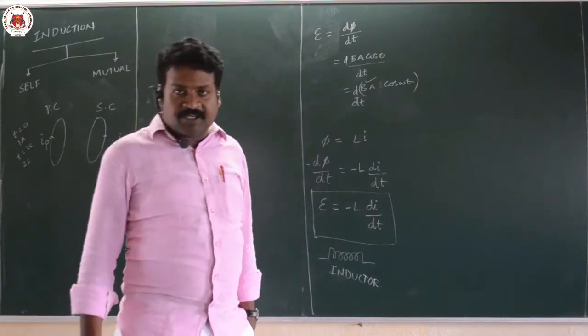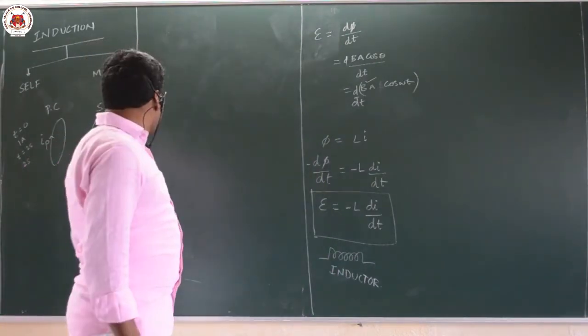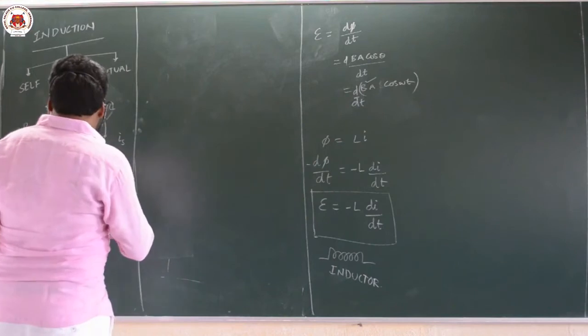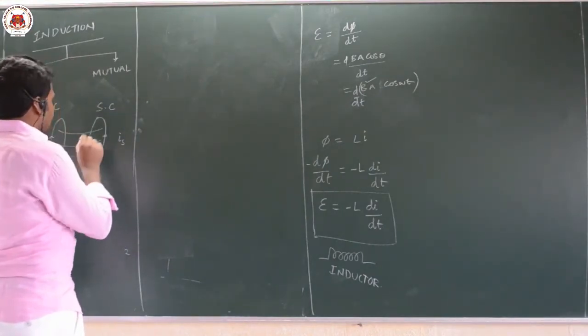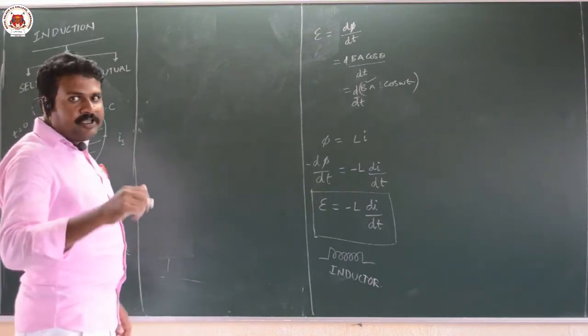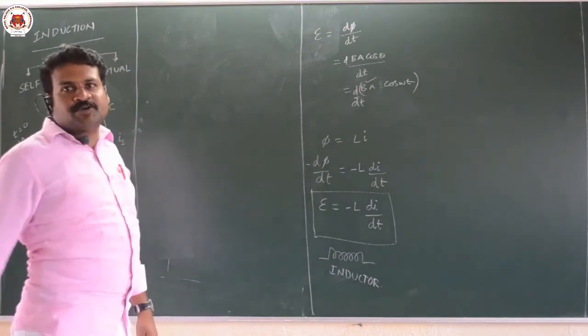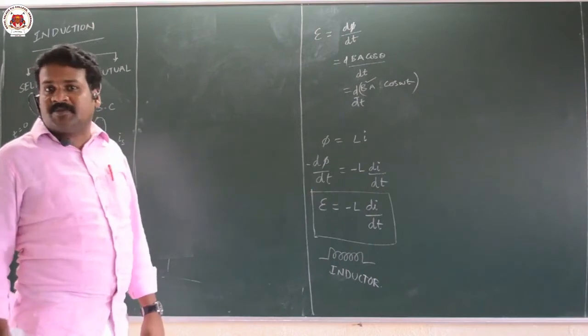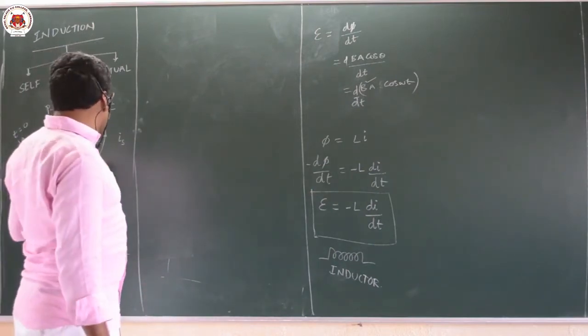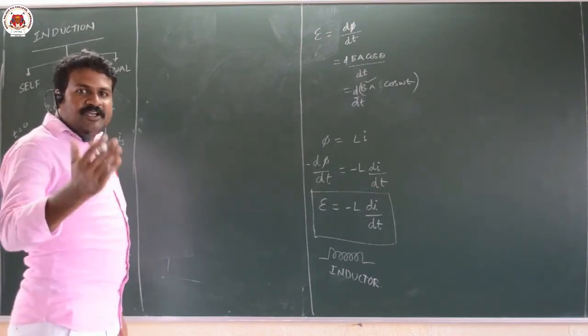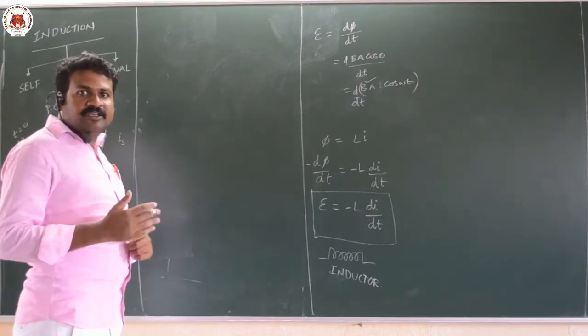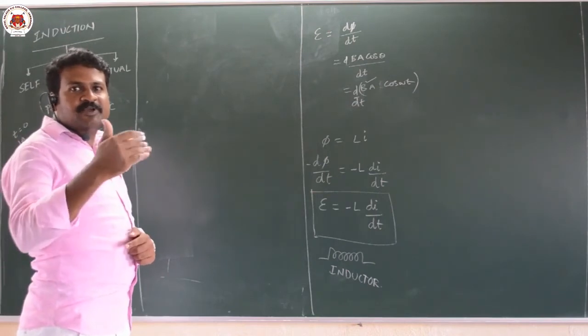Why are we getting EMF here? The reason is, the flux will be linked with the secondary because of the primary, because every current carrying coil acts like a dipole, that we have seen in the last chapter, moving charges and magnetism. So, the secondary coil will be in the magnetic field of the primary. If I change the current in primary, the magnetic field of primary will change.